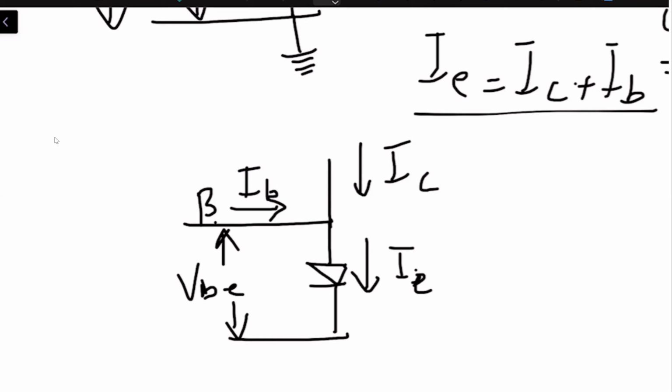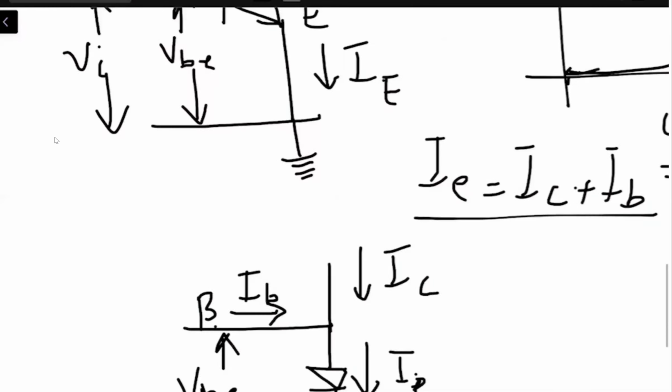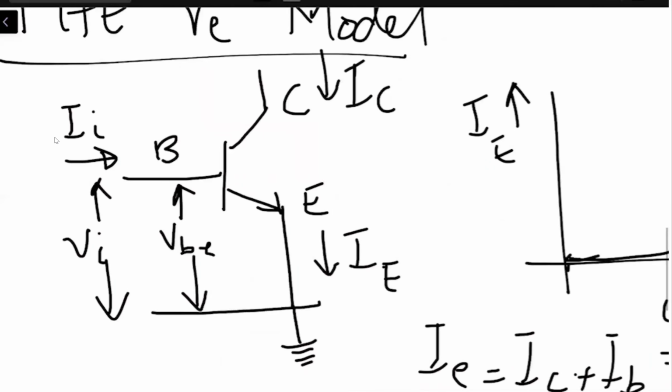If we look further at the circuit for the output side, it has the output current equal to IC, and the voltage is VCE.